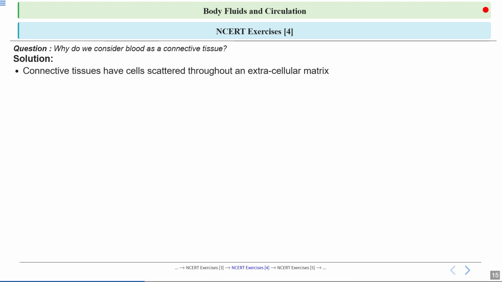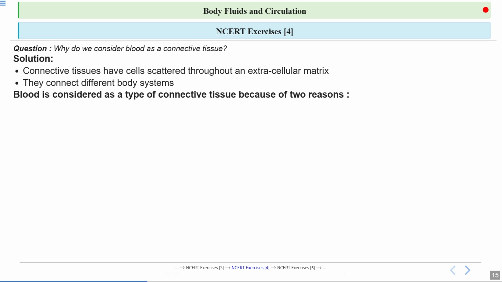Connective tissues have cells that are not tightly packed, but instead are scattered throughout an extracellular matrix. Now, this matrix acts like a background material, similar to how jelly holds fruit pieces in a fruit jelly dessert. Another important feature is that connective tissues serve to connect different body systems.